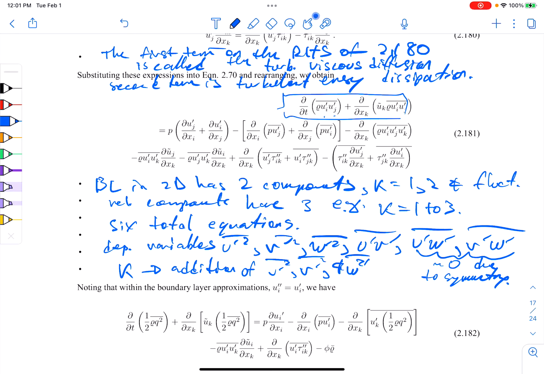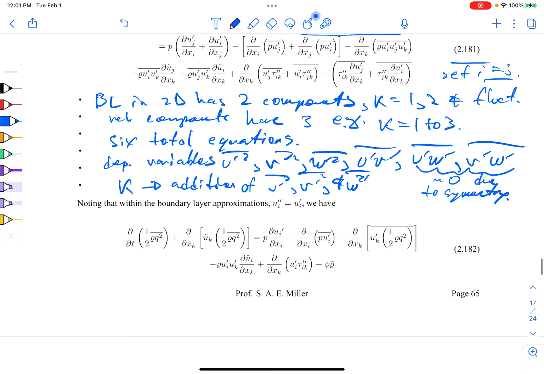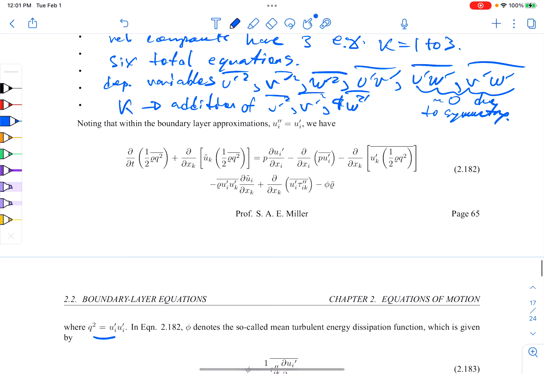And you could also just do all this by taking this equation and setting i equals j, basically. That's the trace. So you sum from 1 to 3, and we would obtain that turbulent kinetic energy. So if we let q equal u prime, this is our turbulent kinetic energy term.